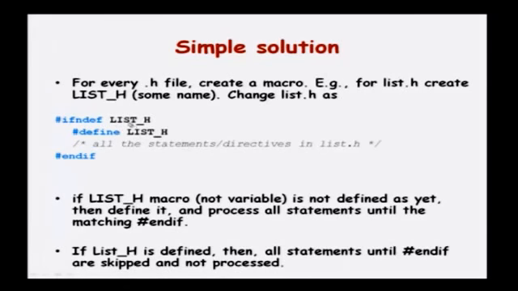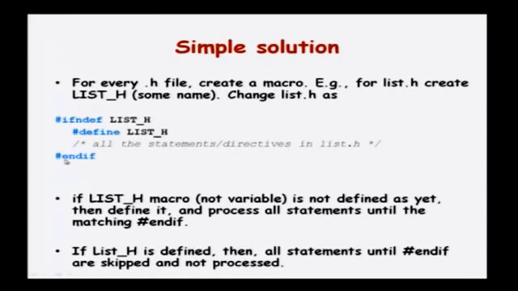Usually, if a file is list.h, the macro will be named in capital letters, LIST_H. If this macro is not defined, then #define LIST_H. So, this says define LIST_H for me, and then all the remaining statements in list.h will be enclosed in an #endif.